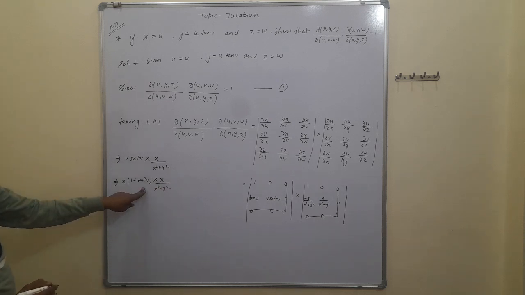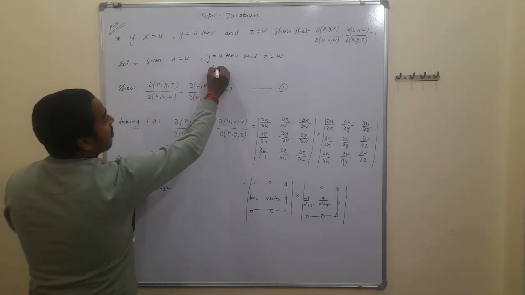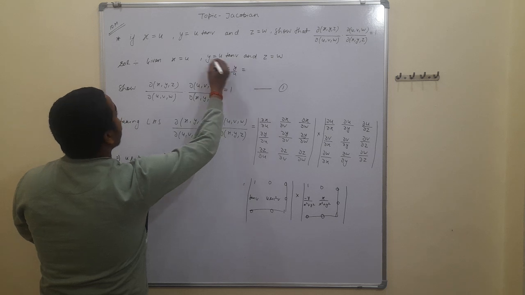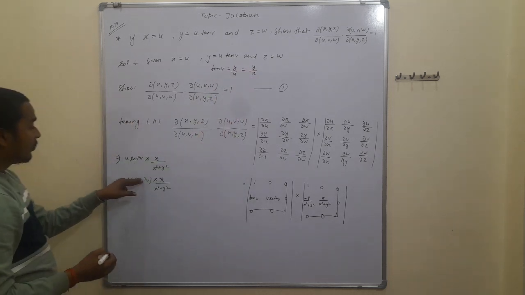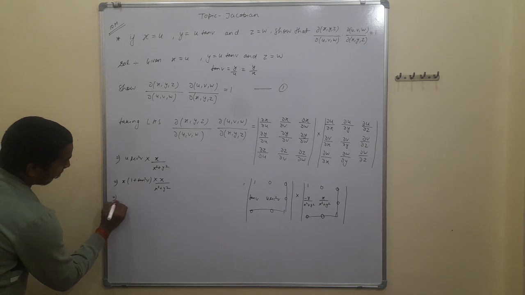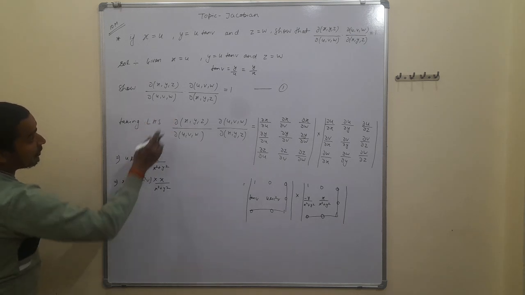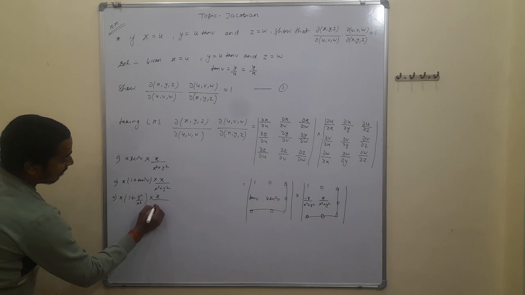We have to put the value of tan square v: tan v is equal to y by u, and here we put the value of u, that is y upon x. So we have x into 1 plus, in place of tan v we put y by x, that is y square upon x square, into x upon x square plus y square.